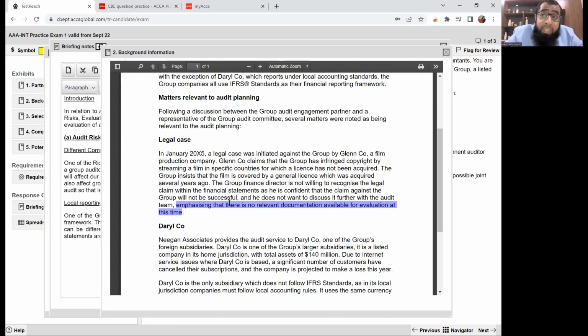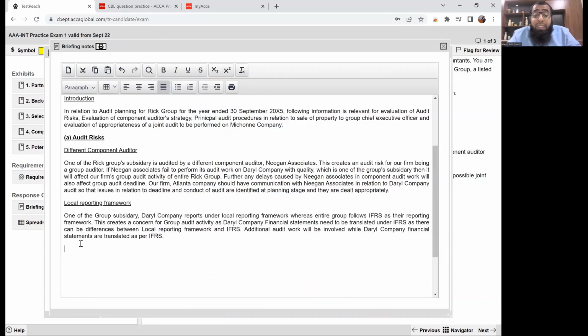Maybe he is hiding something in this regard. The auditor has to increase his skepticism level, and this attitude of the finance director of not discussing the issue with the audit team needs to be highlighted to the senior management and to the audit committee, because it's a significant issue.